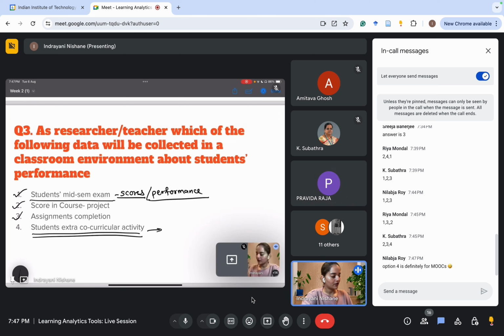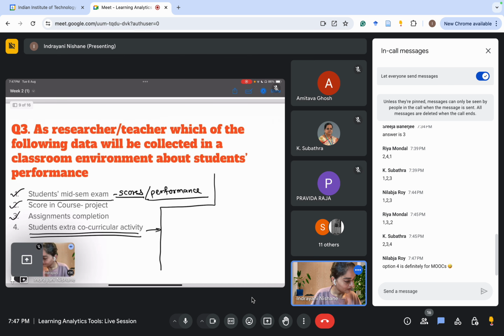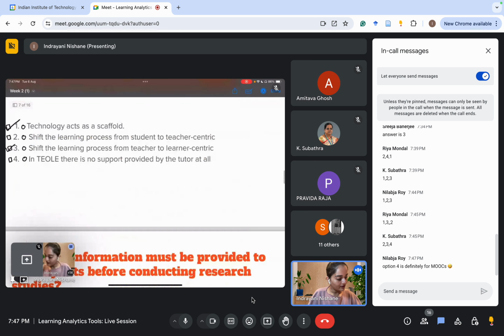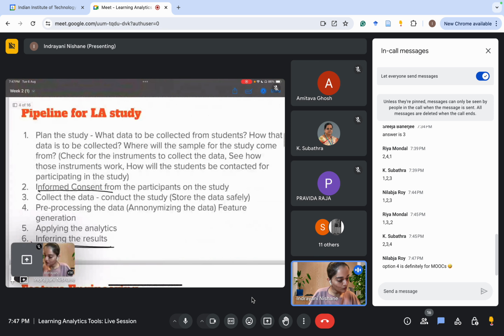Okay, so let me give you an example of a study design. When I discussed the pipeline of a learning analytics study, I gave one pointer about planning. Let's go back to that slide.